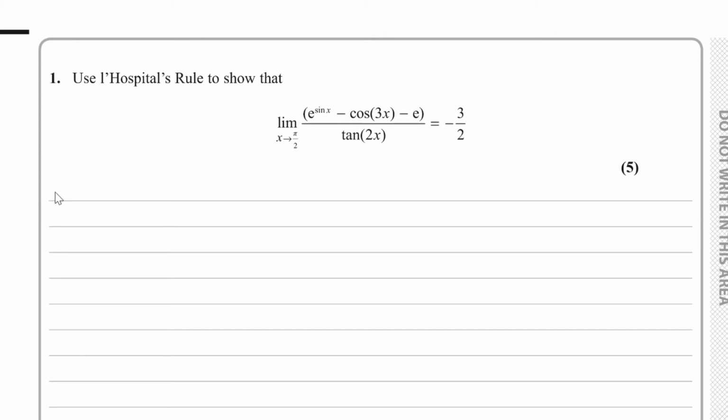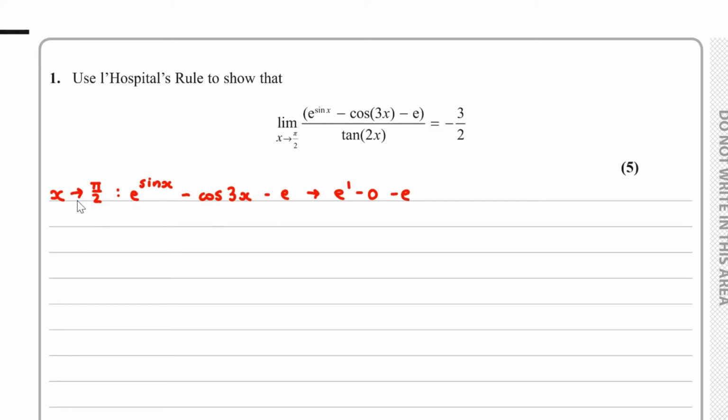Well, first of all, let's see what happens as x tends towards pi over 2. Well, e to the power of sine x minus the cosine of 3x minus e, this will tend towards e to the power of sine of pi over 2, which is e to the power of 1, and then we've got minus the cosine of 3 pi over 2, so we subtract off 0, and then we've got minus e.